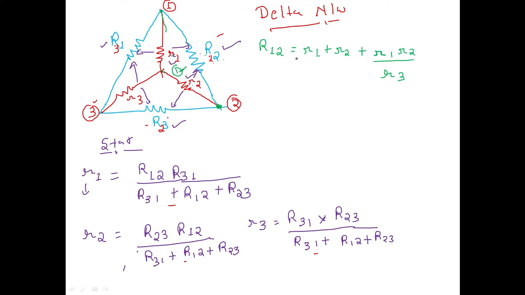So this is the way we find R12. We consider that particular loop, see what resistances the loop contains, R1 plus R2 summation, then R1 and R2 multiplied, upon the remaining term which is not in this loop, that is R3.